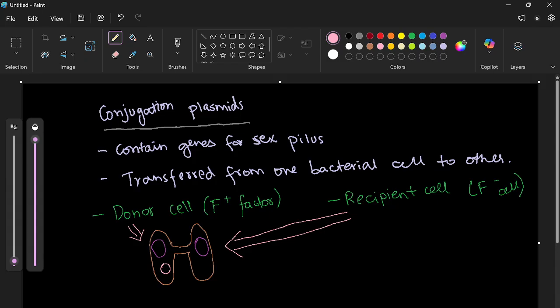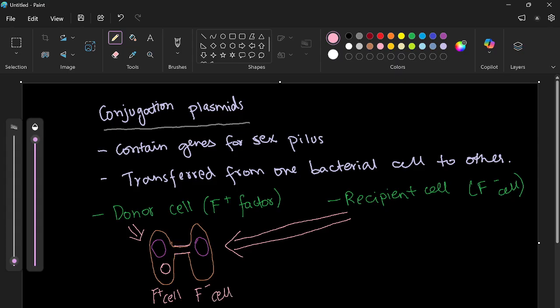Okay, so what is happening here? So what will happen when the sex pilus is extended by the F plus factor? Okay, I'll be writing this as well so that it's easier for you all. This is the F minus cell lacking the plasmid with the F plus factor. Okay.